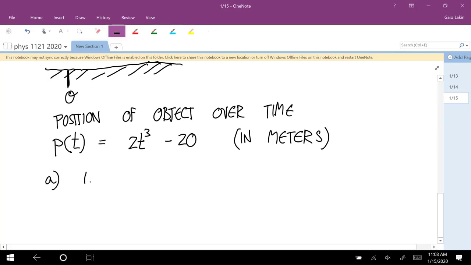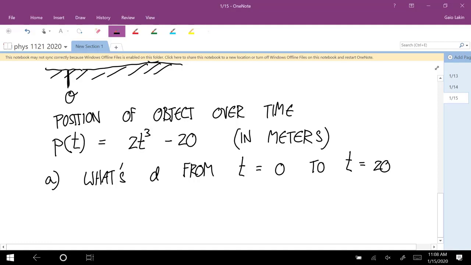Okay, so first, what's the displacement from time equals 0 to time equals, oh no, that would be big, time equals 1 second?